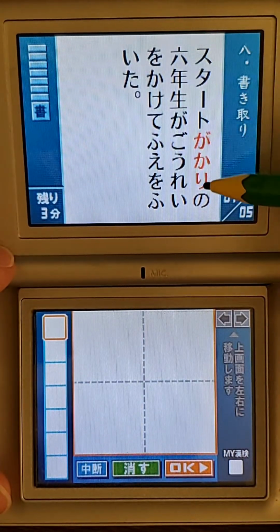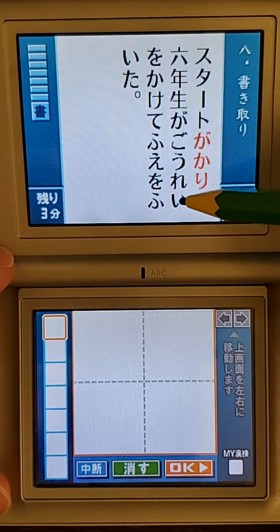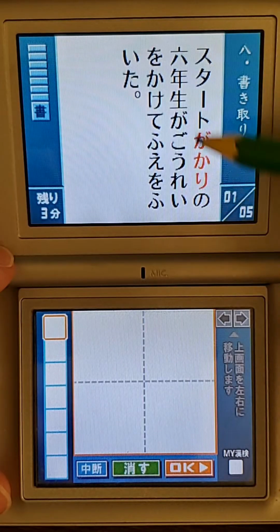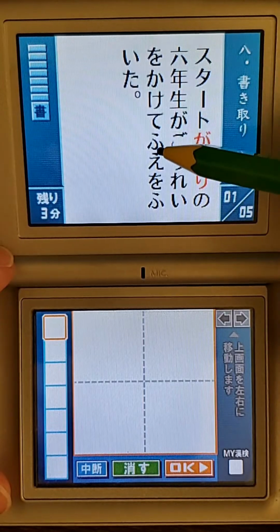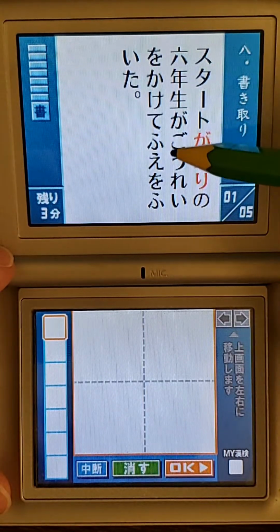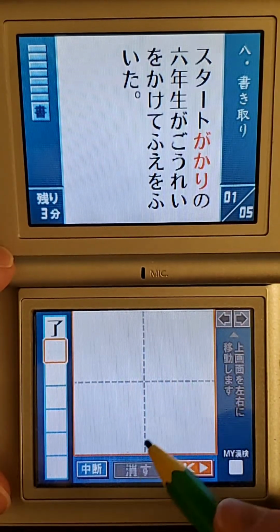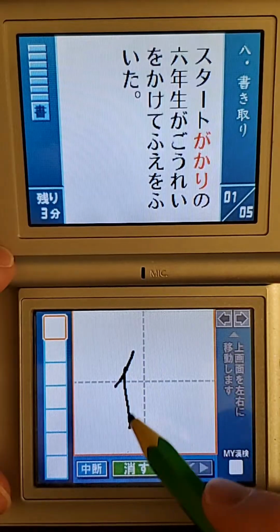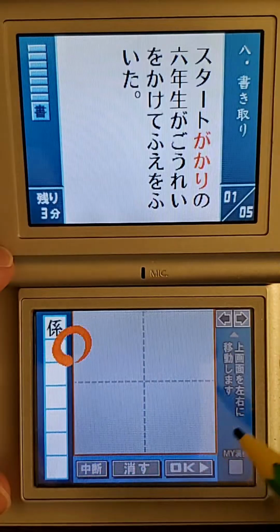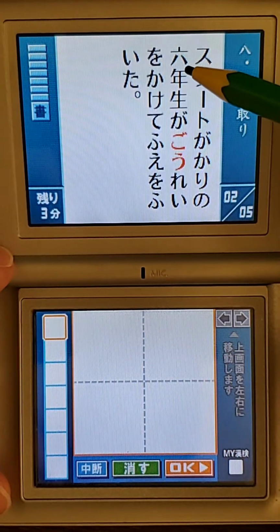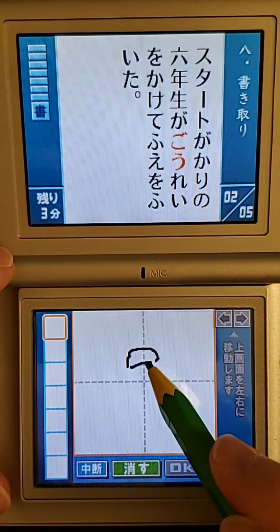スタート係の6年生が号令をかけて笛を吹いた. Not sure what 号令 is, but 係. Maybe like bongo, because that has been coming up.